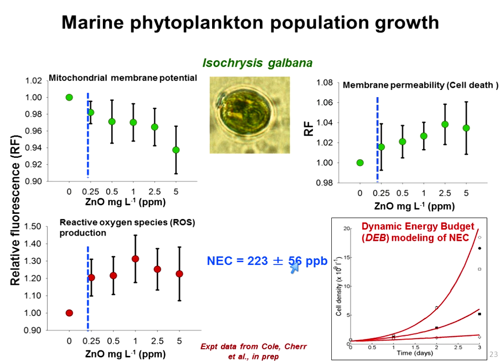But what is interesting about this is that it's possible to now compare what came out of the DEB model fitting for the no effect concentration with a series of experiments performed on subcellular processes. The details of these don't matter, but they're commonly used in high content screening studies. This is a mitochondrial membrane potential, a measure of membrane permeability, and in particular a measure of the level of reactive oxygen species, which I talked about in last week's lecture.